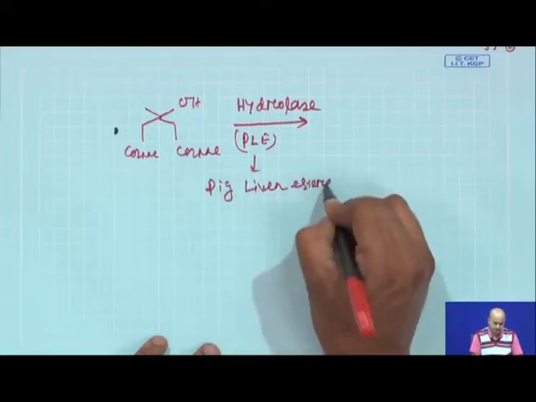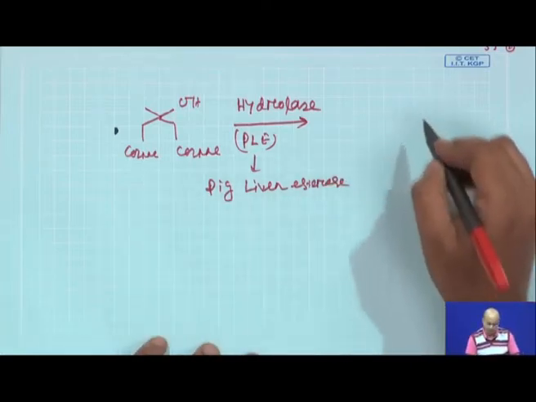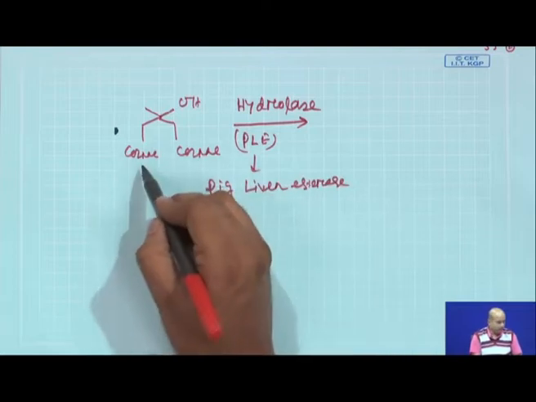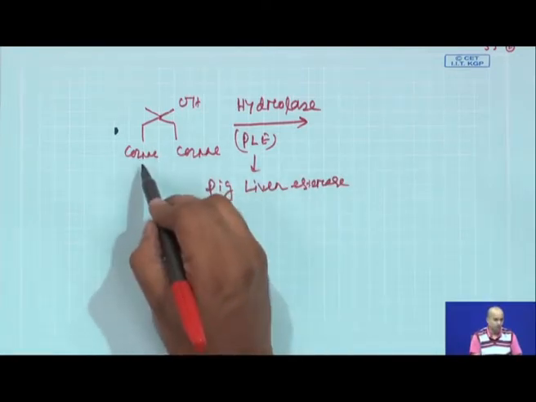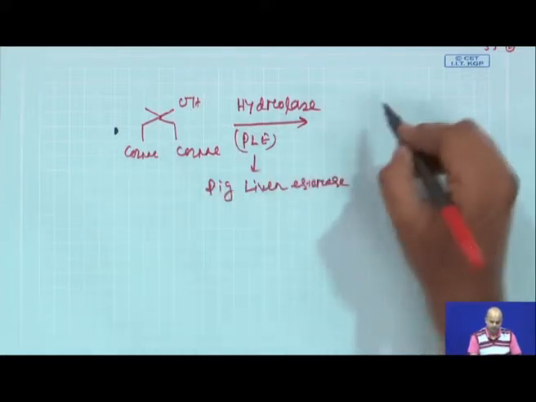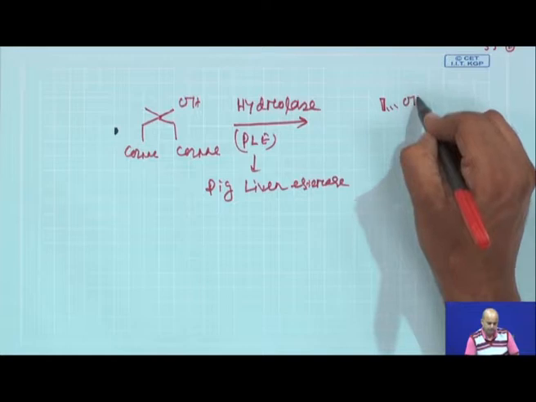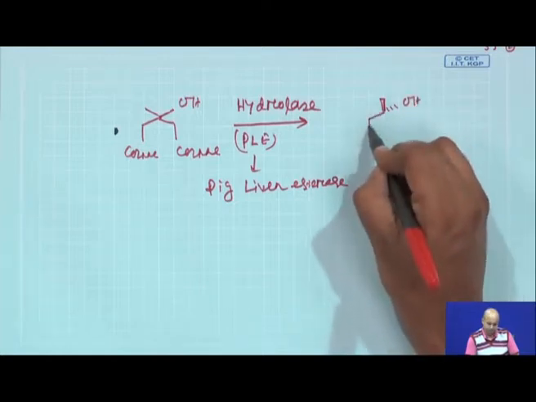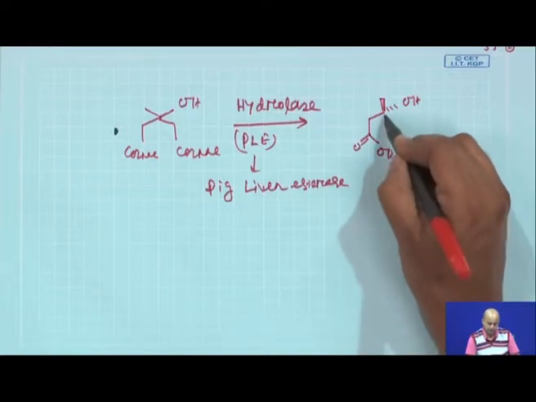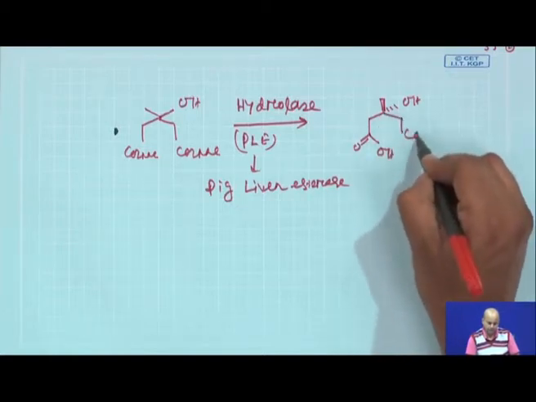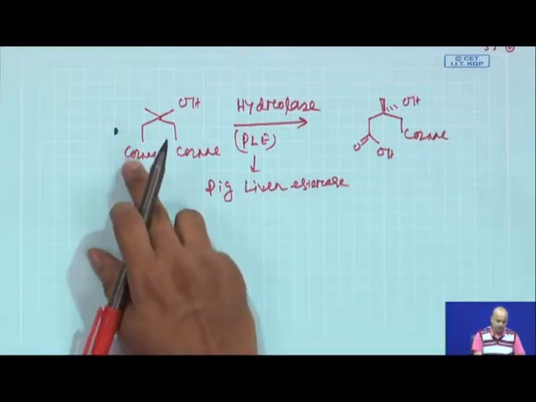It is a very nice enzyme, and out of these two enantiotopic groups, only one of them is hydrolyzed, and you can get this particular enantiomer as the main product, because of hydrolysis of this group only.